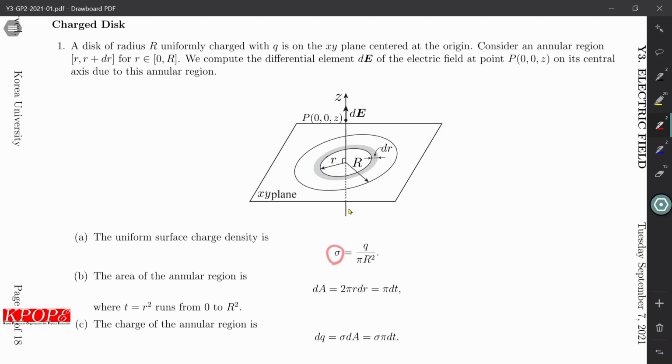Again, we use a charge distribution, but in this case it is not a linear charge distribution, instead a surface charge distribution. So charge divided by area, where pi R squared is the area of the disk.